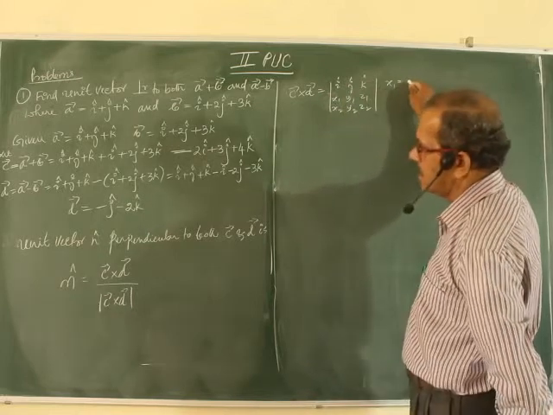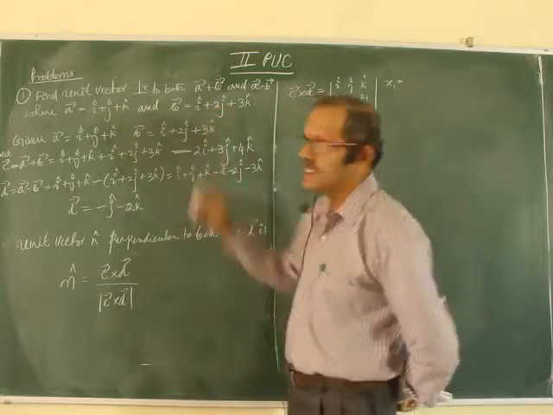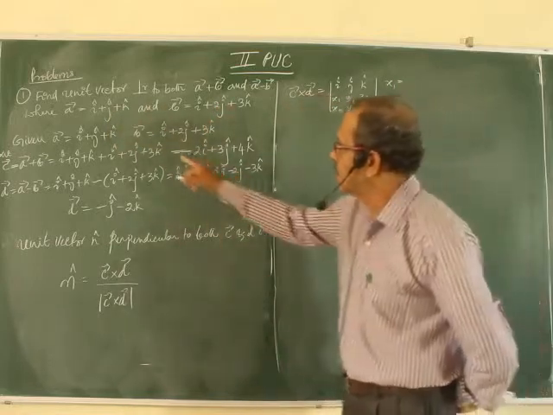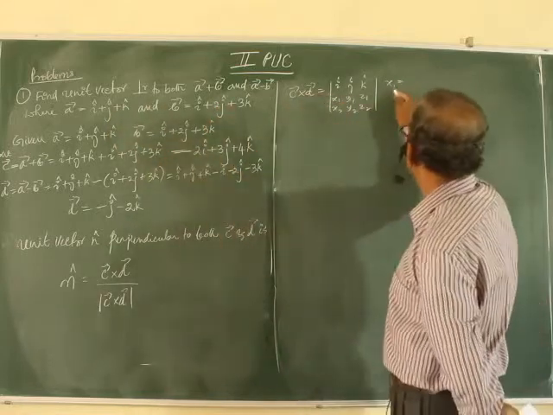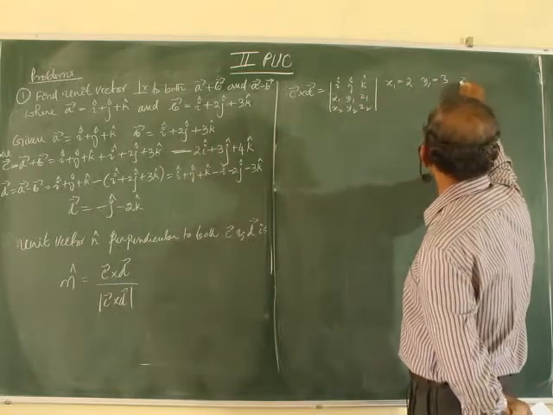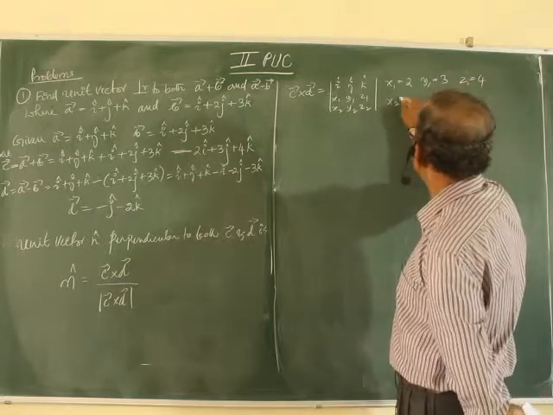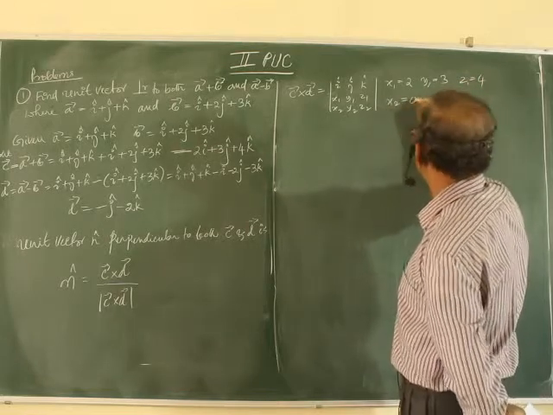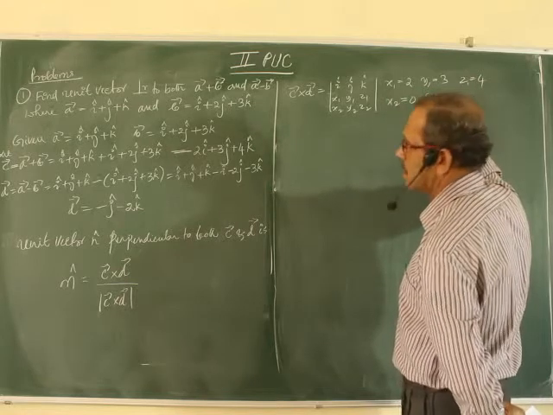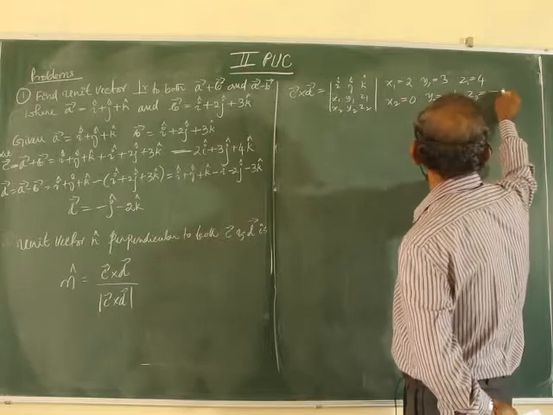For x1, remember, don't write this or this, you have to write the coordinate components of c: 2, 3, 4. For d: x2 0, y2 minus 1, z2 minus 2.